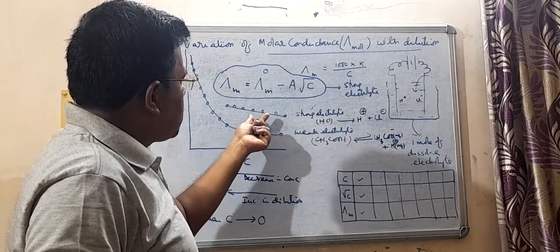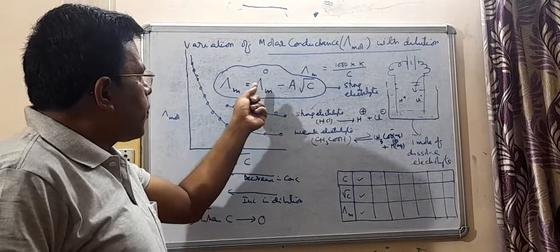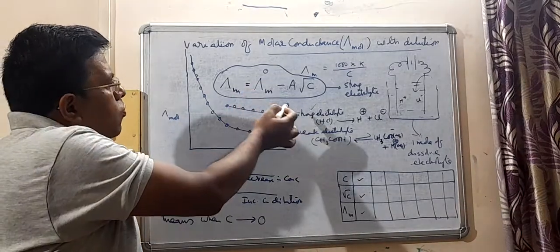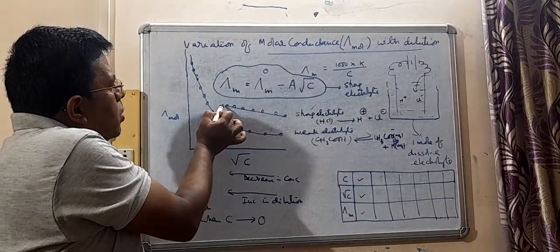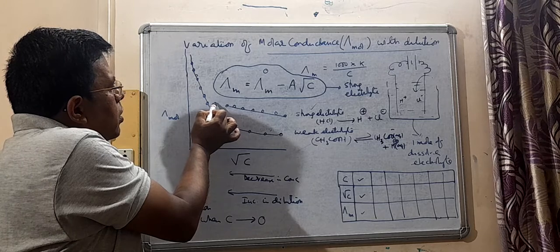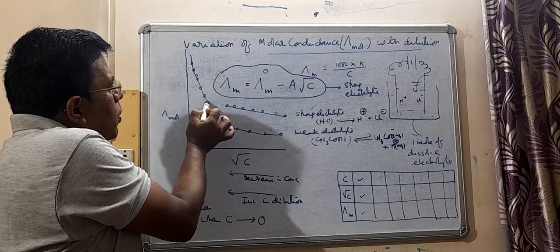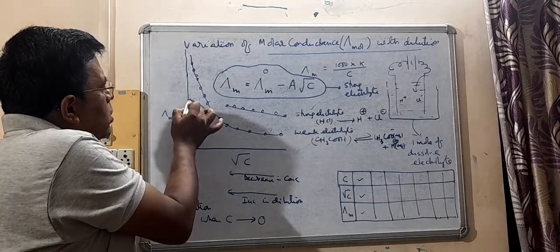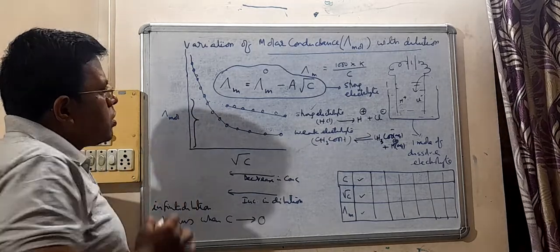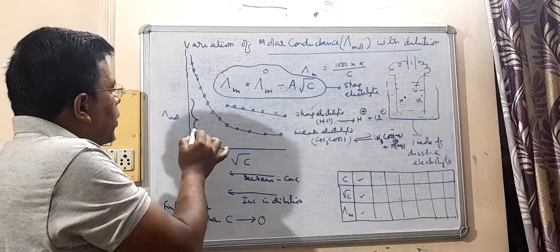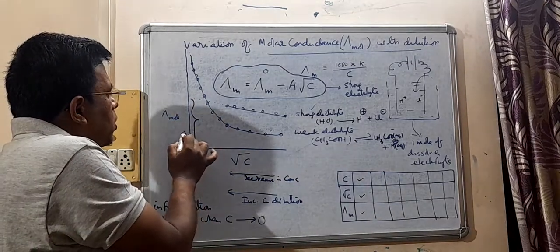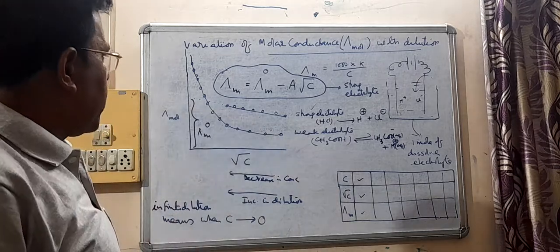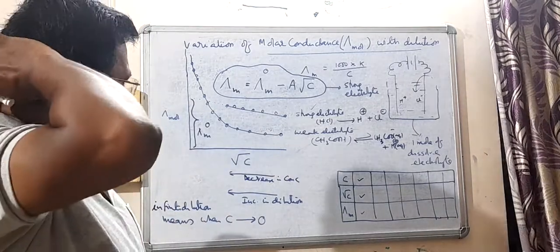Suppose you see for strong electrolyte, how can we get this value? To get this value for strong electrolyte, we just extend this curve, and you see this intercept. This intercept will be the value of molar conductance at infinite dilution. Why like this?